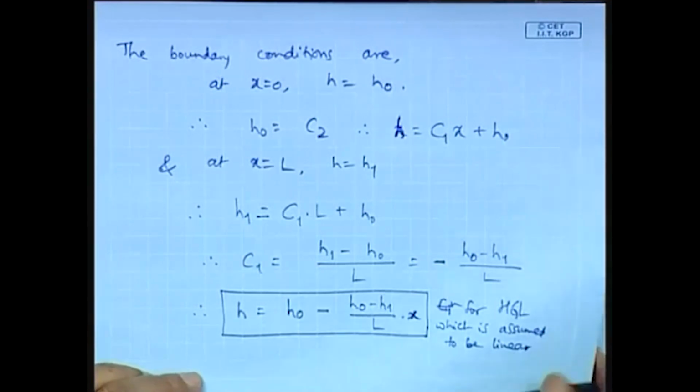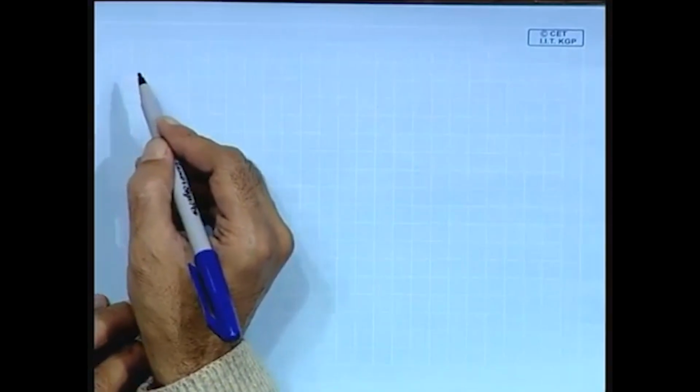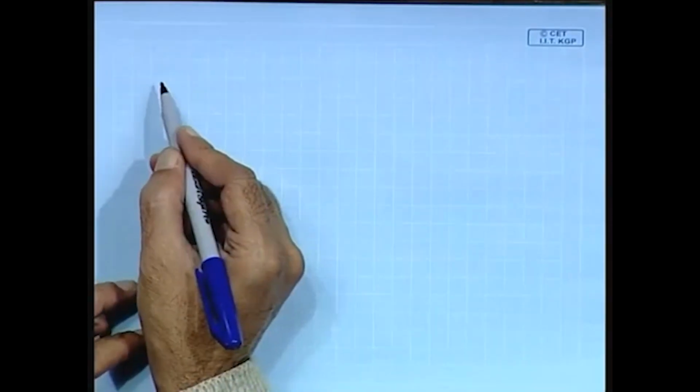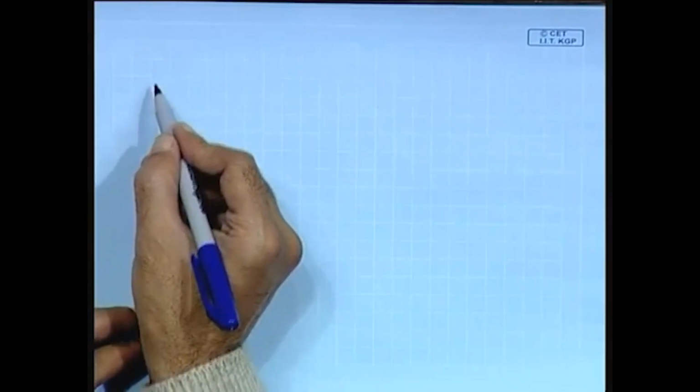And let us also write down an expression for the discharge per unit width through the confined aquifer between two water bodies.